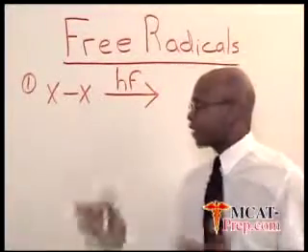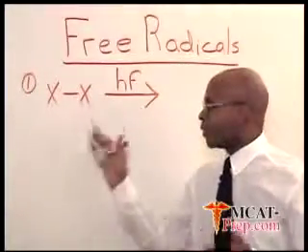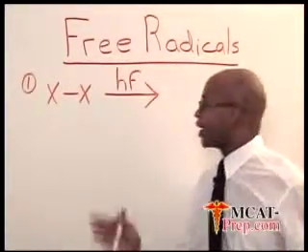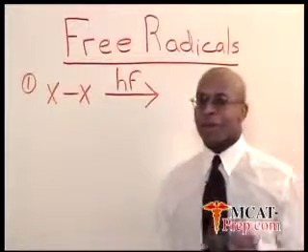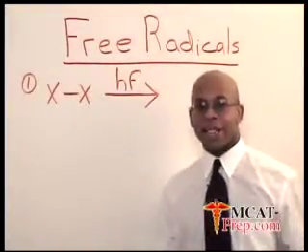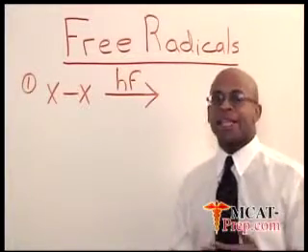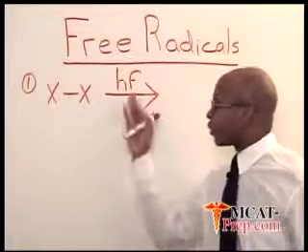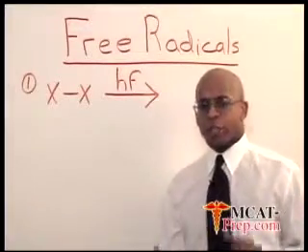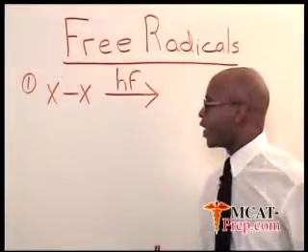Here is a substance. As we know, X stands for a halide, so this could be Cl2 or Br2 or whatever. And here we have hν. From your knowledge of physics, you should immediately recognize hν as energy, because of course E equals hν. So we can represent light energy as hν over the arrow.